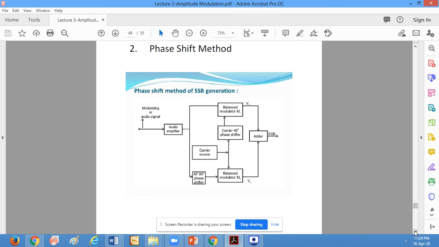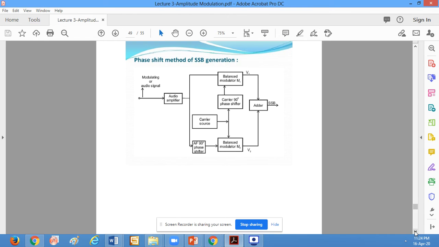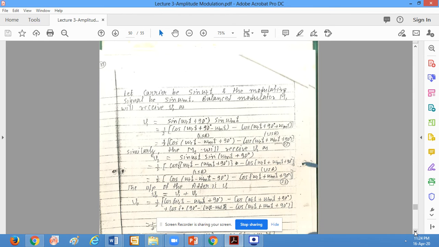So now we go for the derivation of how we can get the SSB. Let the carrier be sine of omega c t and the modulating signal be sine of omega m t. The balanced modulator M1 gives V1, as the carrier is shifted by 90 degrees. So we have taken sine of omega c t plus 90 degrees, while the message signal is directly fed.